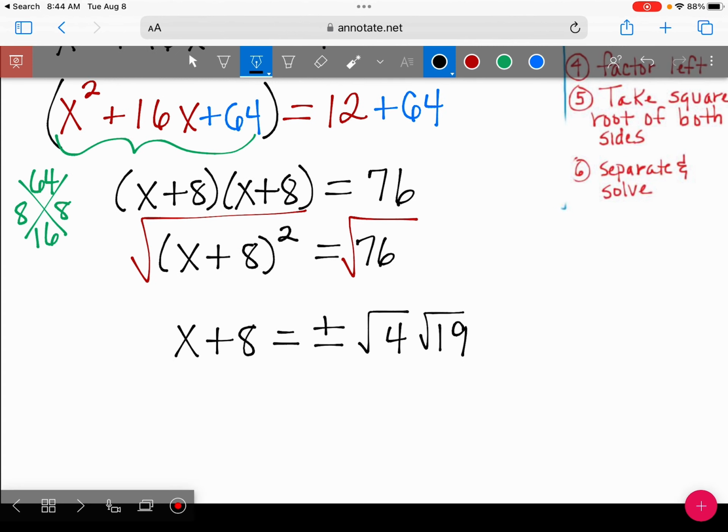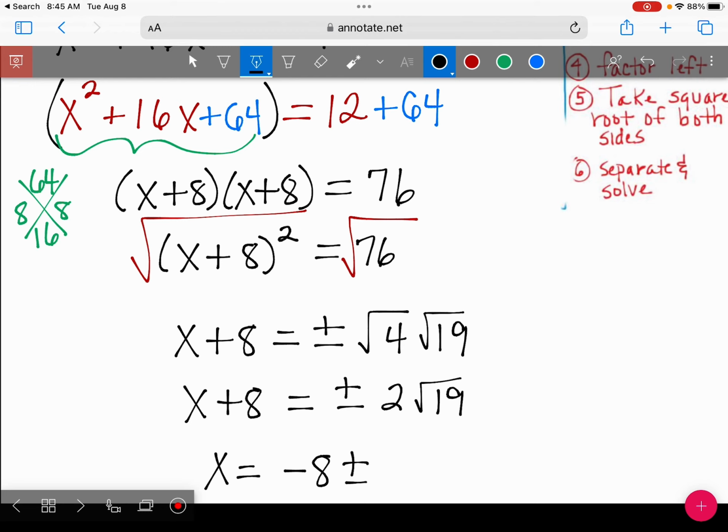So that means I have x plus 8 equals plus or minus 2 square root of 19. And then my last step is to subtract 8. So this would be your final answer. It is okay if you did not make it to the finish line. I don't expect you to on the second try.